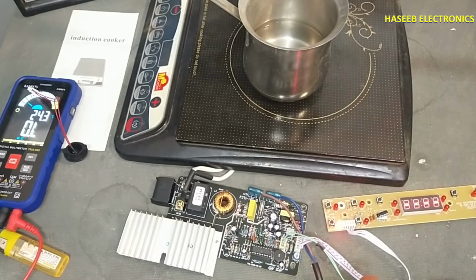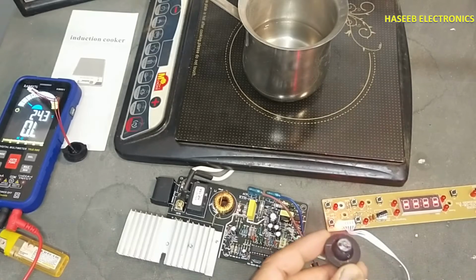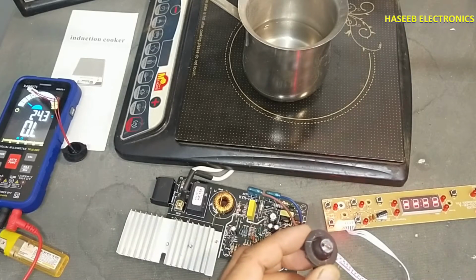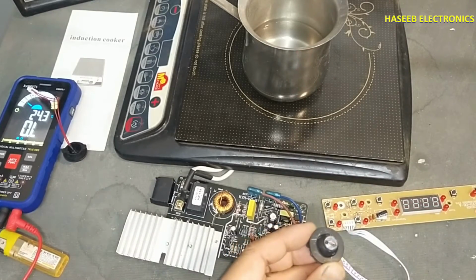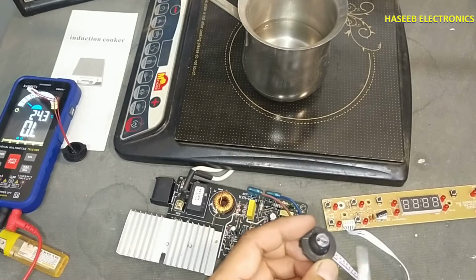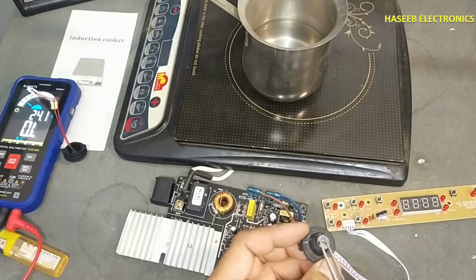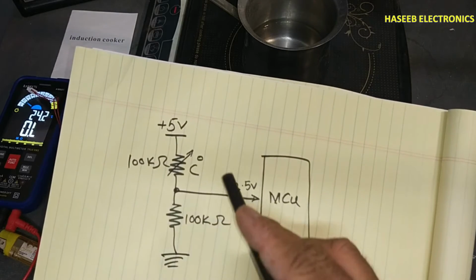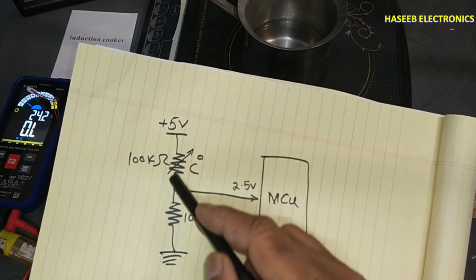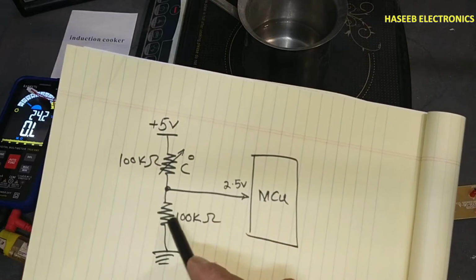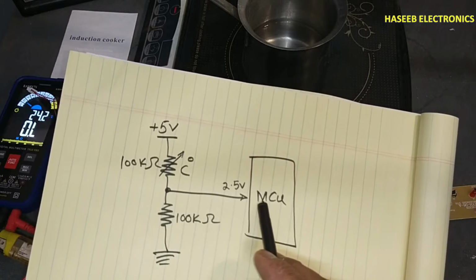Now this time we are using this sensor. Now I will make a jumper to this sensor. When I apply the jumper here, 5 volt will drop across this resistance. It will go to the microcontroller.